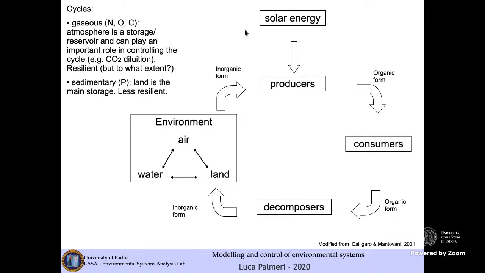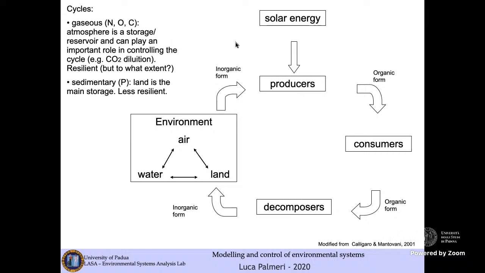In these cases, atmosphere for the gaseous forms of elements may be seen as a storage or a reservoir and can play an important role in controlling the cycle of this element. For example, carbon dioxide dilution depends dramatically on the quantity of carbon dioxide we have in atmosphere.